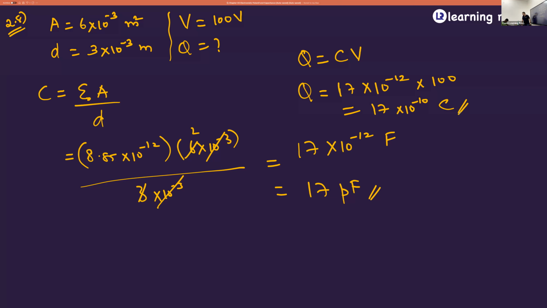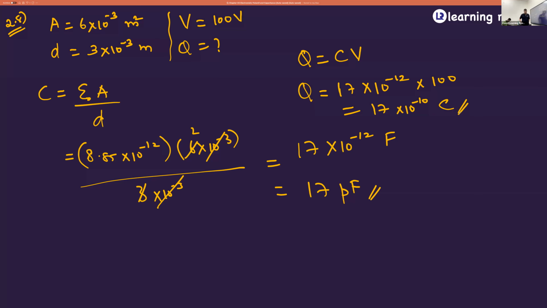That will be the charge on each plate of the capacitor. Clear with this? Go to the next one.